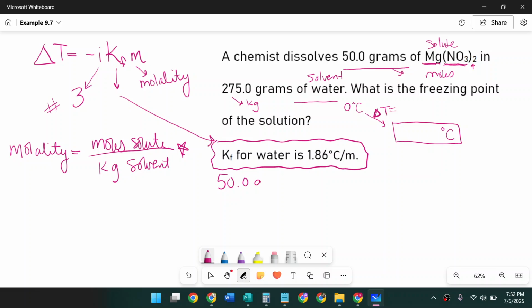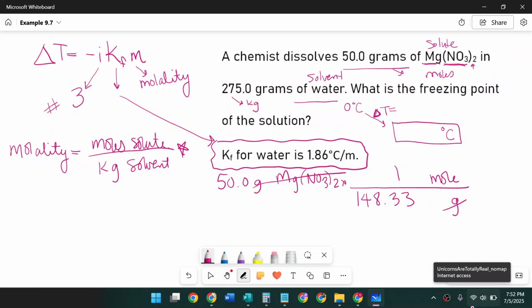So let's first convert our 50 grams. So 50 grams of magnesium nitrate, and we're going to multiply that by its conversion factor. We've done this several times, so I'm not going to go through how to do this again, but we can add up 1 Mg, 2 N's, 6 O's, and get the atomic mass to be 148.33 grams. And then our grams will factor out, and we'll have the number of moles that we need.